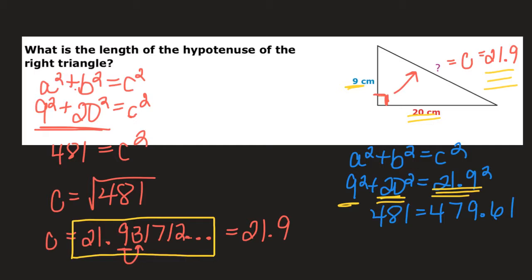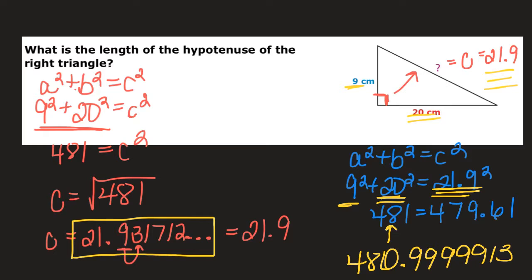In my calculator, I'm going to enter 21.931712, and I'm going to square that. When I square that, I get 480.9999913, which is definitely going to round to 481.